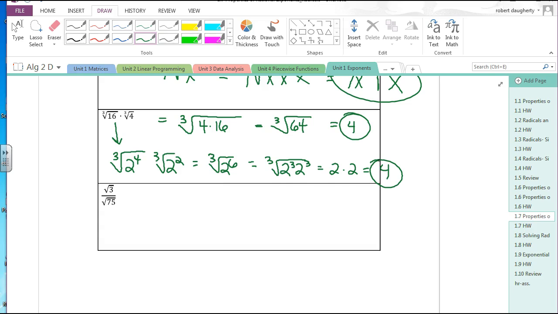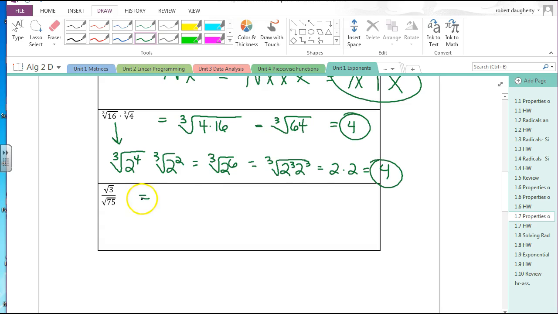Square root of 3 over the square root of 75. Okay, can I simplify the square root of 3? Is 75 a perfect square? If something is not a perfect square, then I ask myself, is it the factor of two things multiplied, one of which is a perfect square? What about 75? It's 3 times what? 25, right?